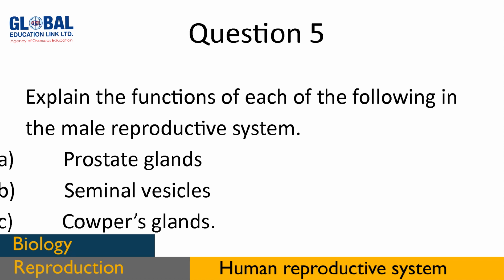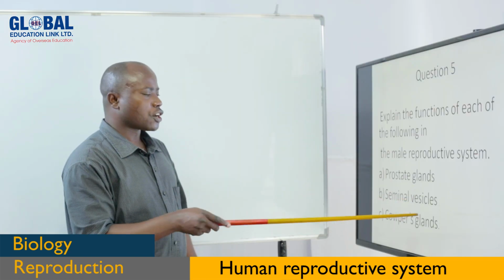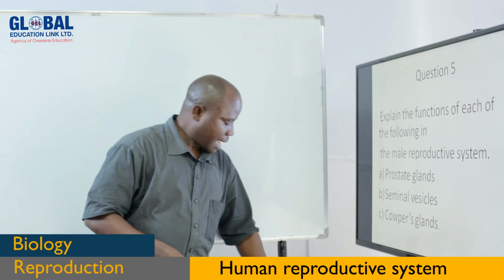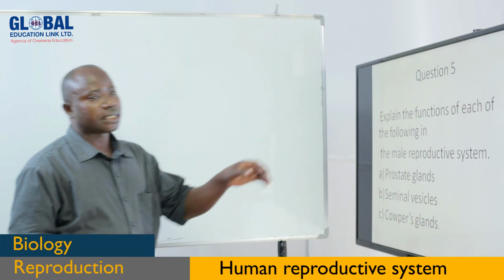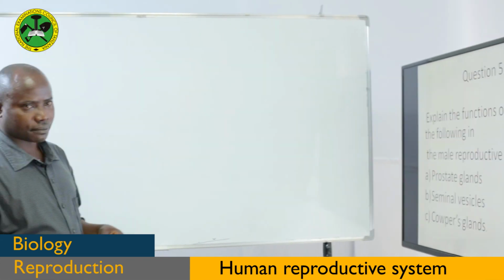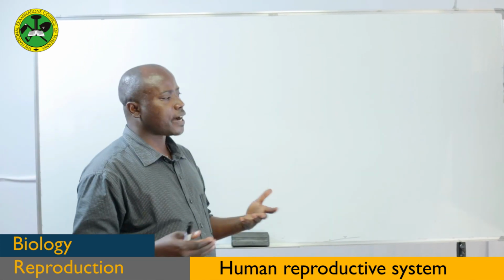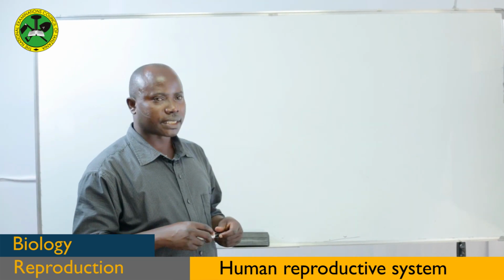A. Prostate glands. B. Seminal vesicle. C. Cowper's gland. As I've said before, these are male reproductive system accessory glands, and they contribute to the functioning of the male reproductive system.